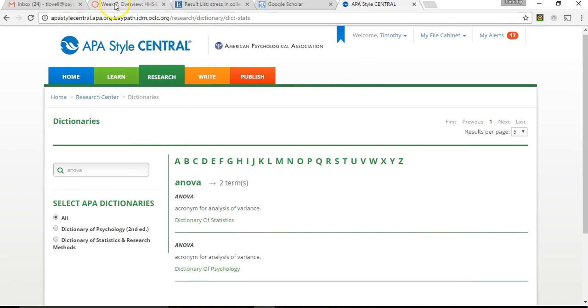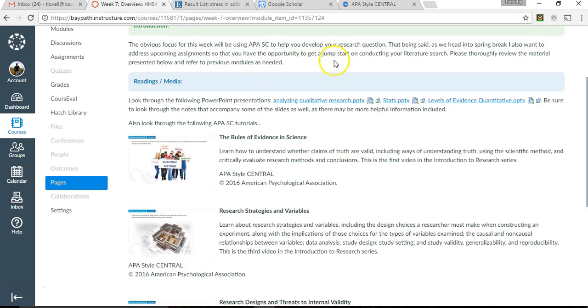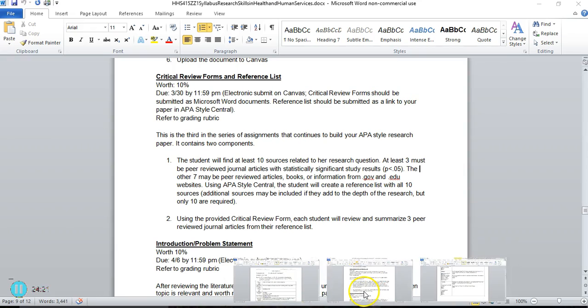So that's that. Again, develop your research question. How you'll submit that is, when you get done going through all the prompts on APA Style Central, it'll give you that page to print out or download.